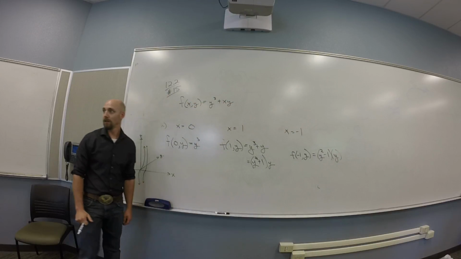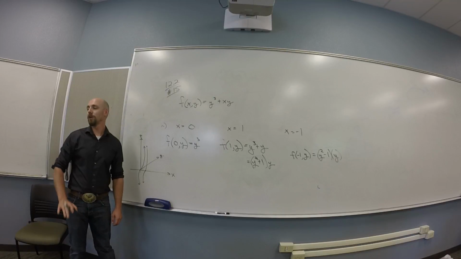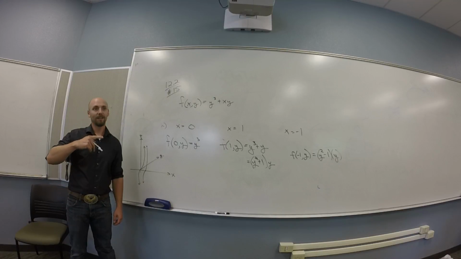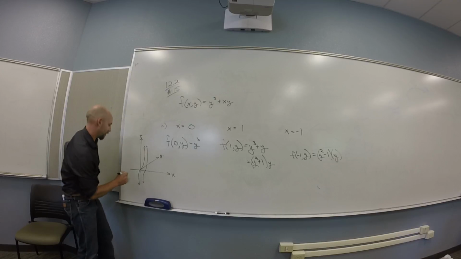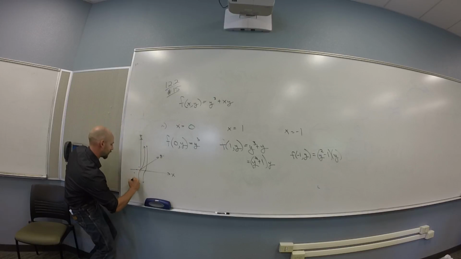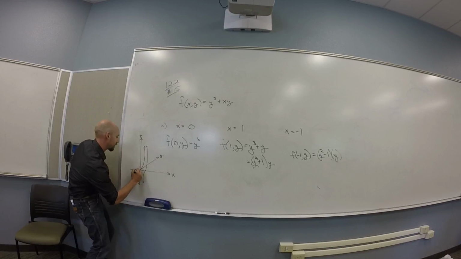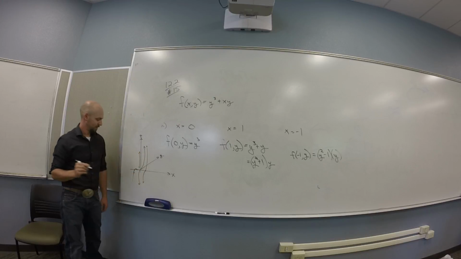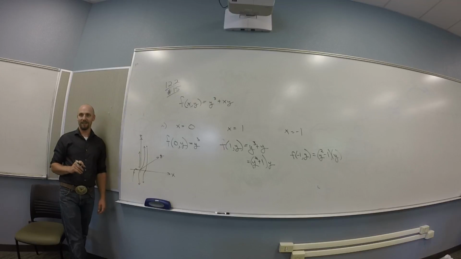It's a little bit more exaggerated. This one has a max and a min, right? You guys see that? So there's 3 points where this guy hits. So it's going to look like this. You guys kind of see that?